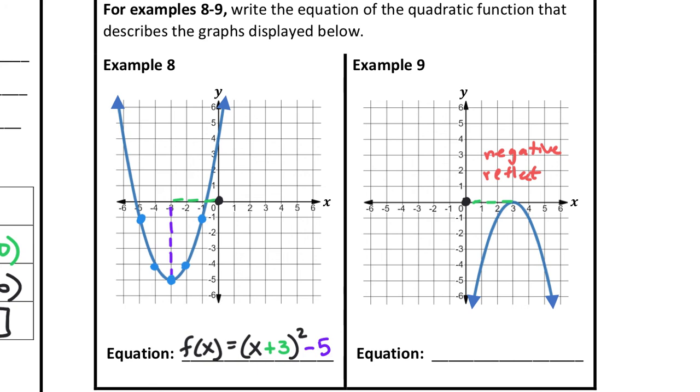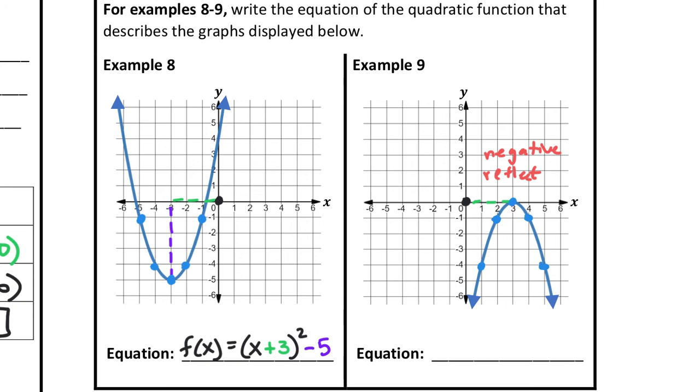And then the spacing between the points, right? If this is my vertex, then does it go 1, 1 and 2, 4? Yeah, it looks like it goes 1, 1 on either side, then it goes 2, 4, 2, 4. So the spacing is good.